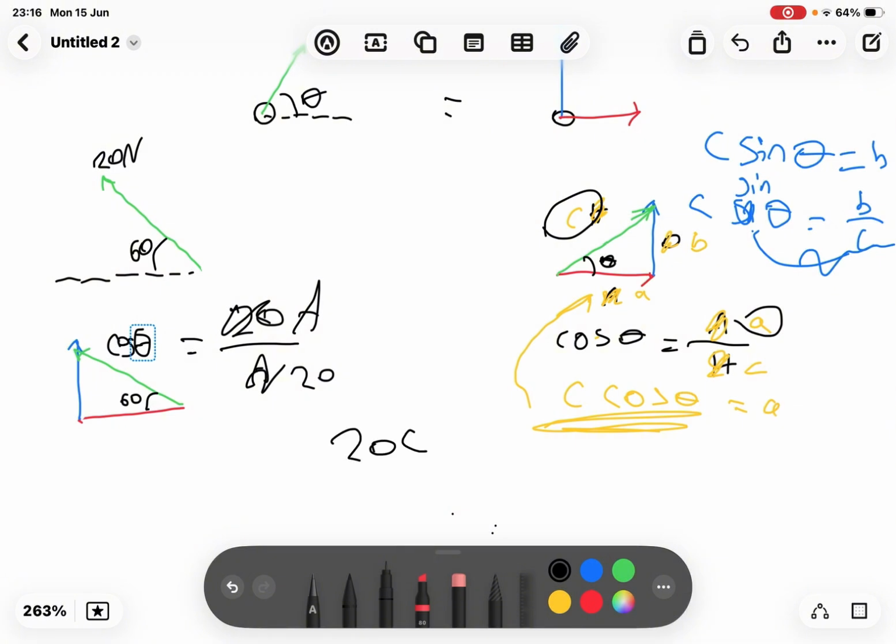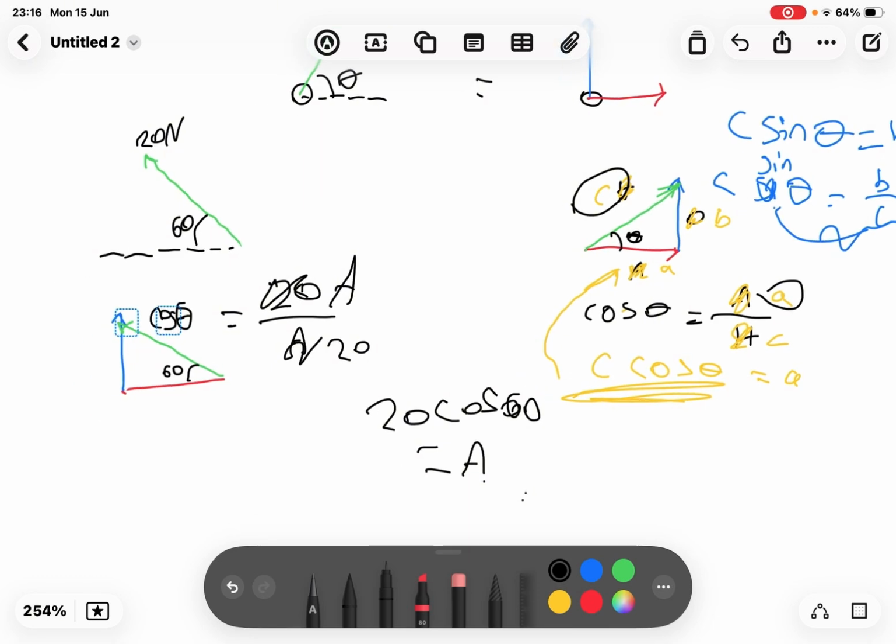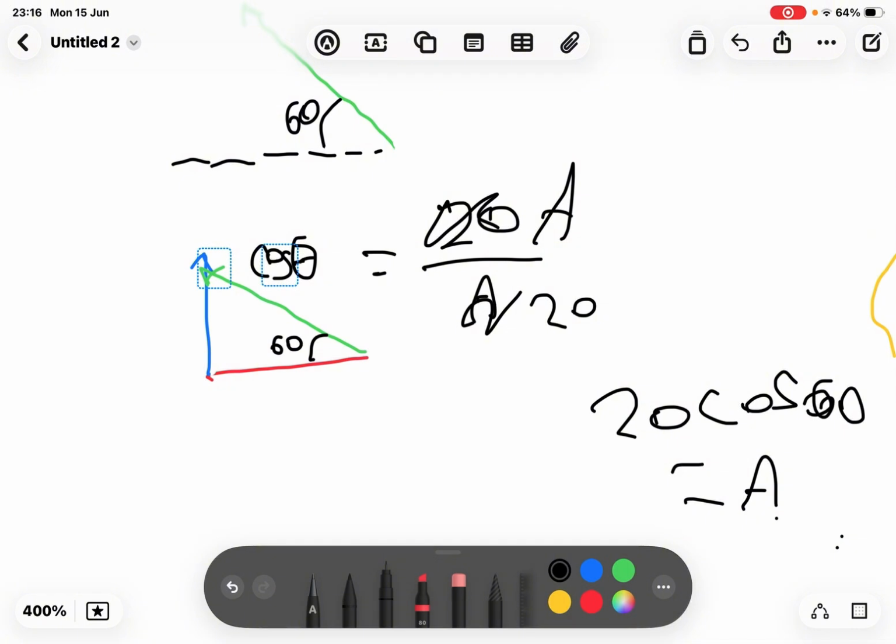So 20 cos 60 equals A. I don't want to check on a calculator, there's no point, because this is the right way. And then this one is going to be exactly the same, but sine 60.